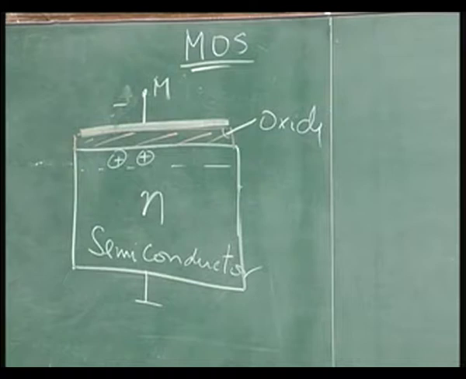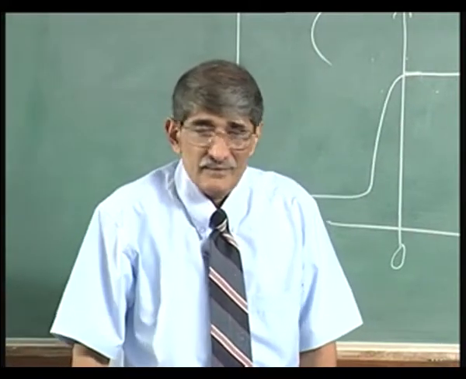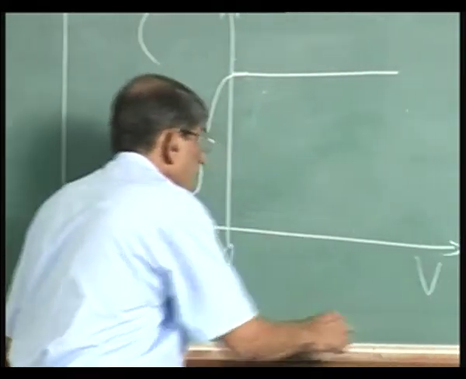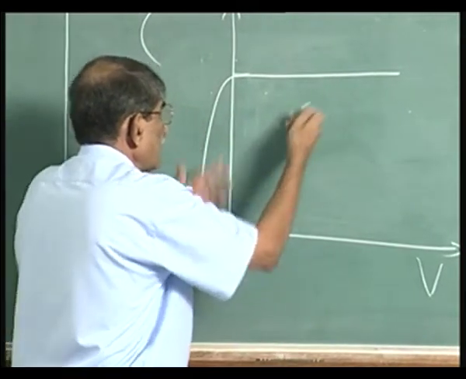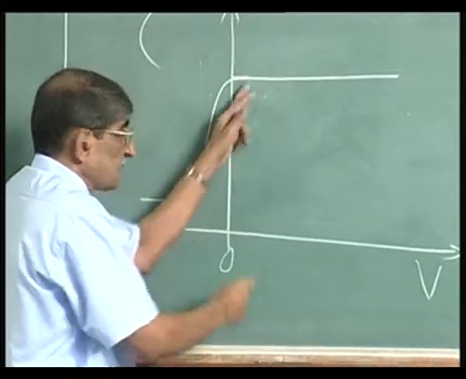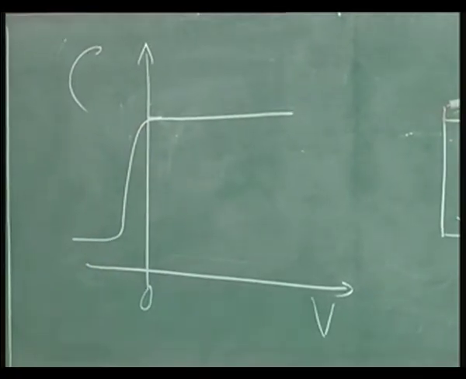Now, when you make a gallium arsenide MOSFET like this and measure the capacitance, there will be two things happening. One is the capacitance, this is of course the ideal one, at 0 it starts dropping, this may shift, that does not matter, you can always move it up and down.